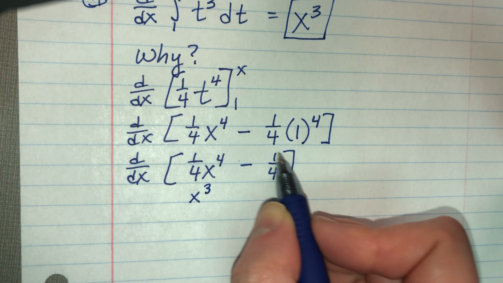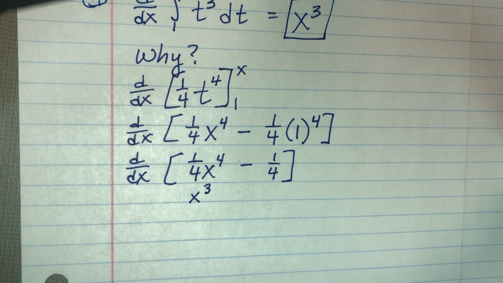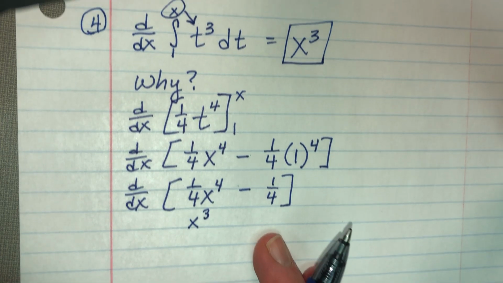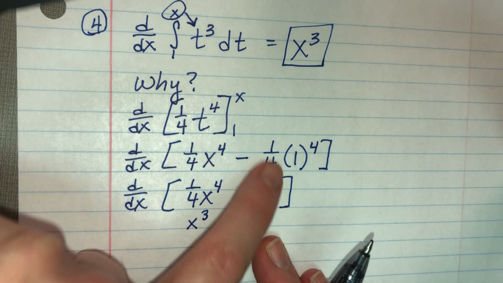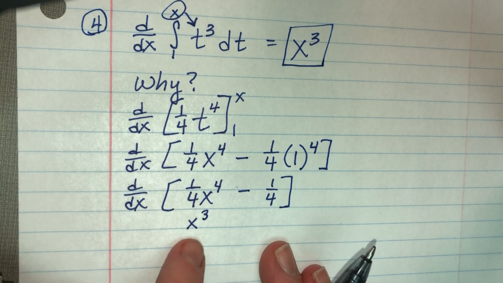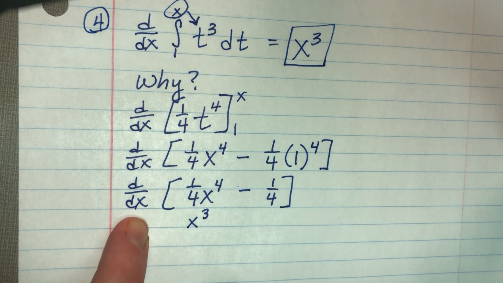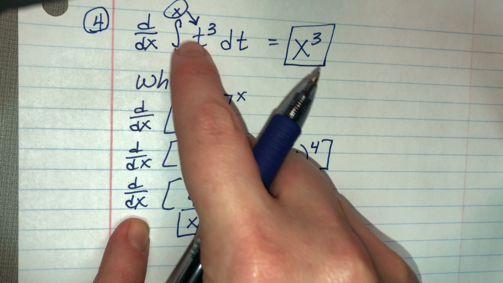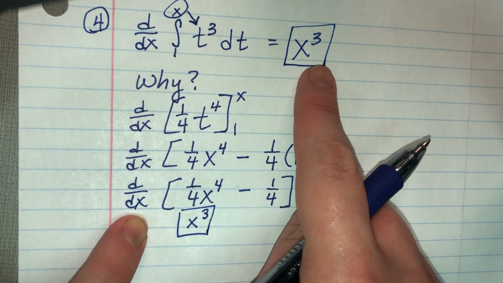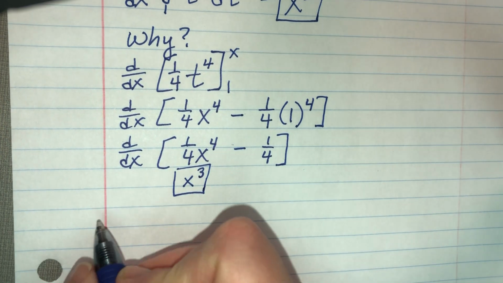And then the derivative of negative 1/4 is 0. The derivative of any constant is 0. So it really wouldn't have mattered if this was a 1 or any other number, because when you plug it in, you get a constant. And when you take the derivative of the constant, it goes away. So you just get x cubed. But you get it a lot faster just by sending that x in place of the t here and writing down the function. So let's try another one.